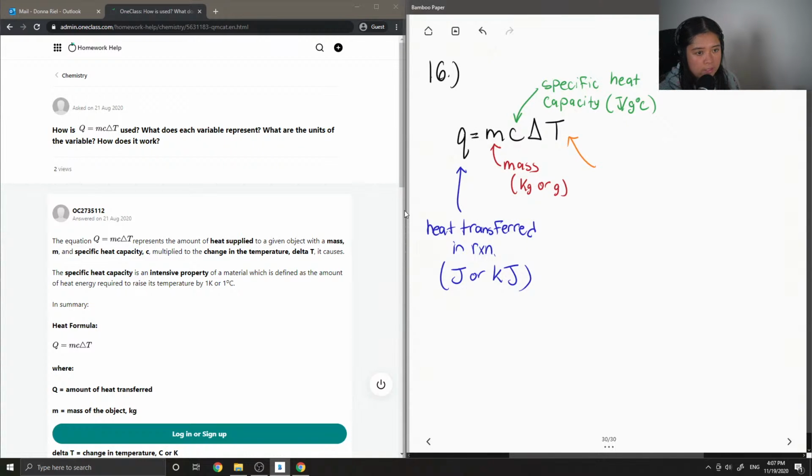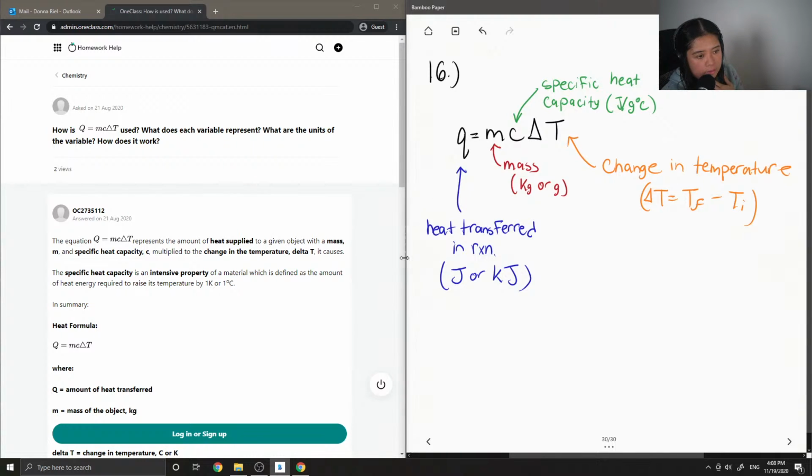And finally, delta T represents the change in temperature. So delta T can also be written as delta T equals T final minus T initial. So a question might give you the temperature at the beginning of the reaction and the temperature at the end. So the difference between the two would just be the change in temperature.